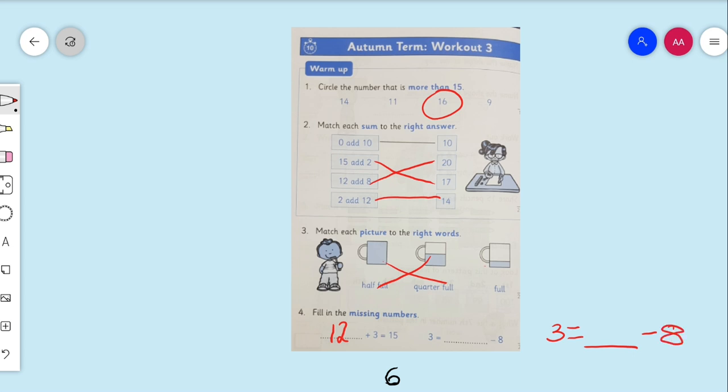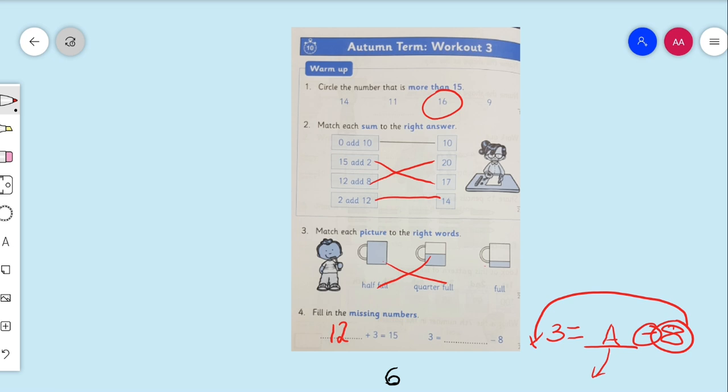So for example, we can make this something into an A just for now, and then to find the A, we need to leave this A alone, and then the number here has to go to the other side, and because there is a takeaway here, the takeaway will have to go to the opposite, which is plus. The opposite of takeaway is plus, and the opposite of plus is takeaway.